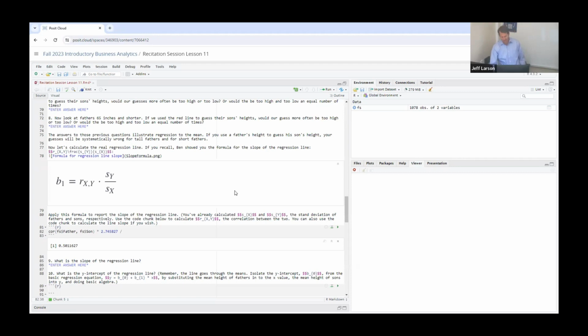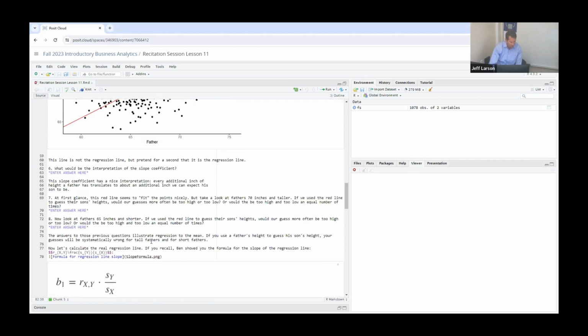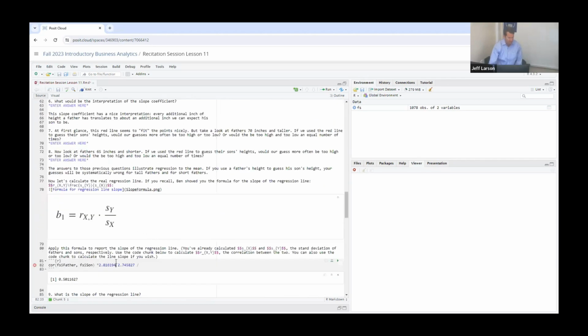Y, yeah, y is son. So I did that wrong. We want to multiply by the father's standard deviation. No, we want to multiply by the son's because that's y, right? SD of y means the standard deviation of the son's height. So multiply by the son's standard deviation, divided by the father's standard deviation.